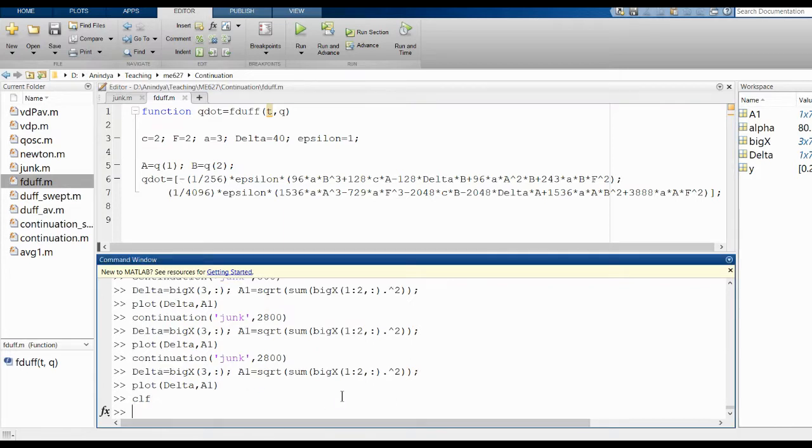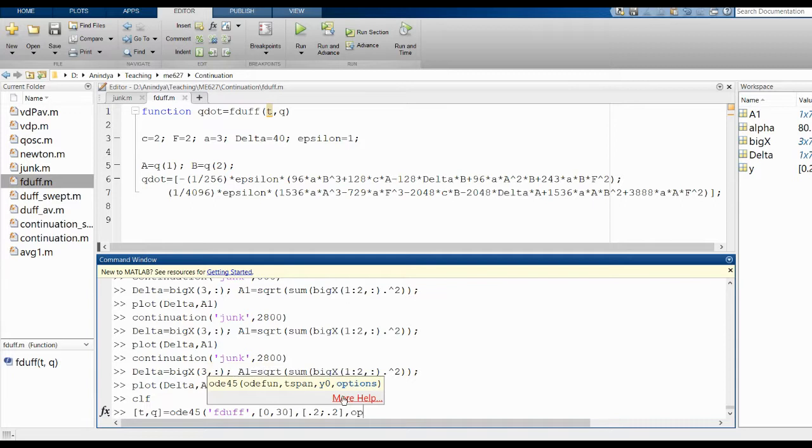CLF, let us say TQ equals ODE45 F Duff 0 30 0.2 something.